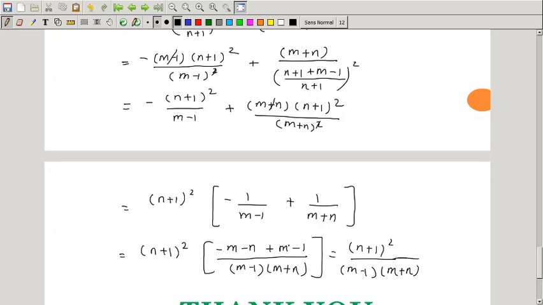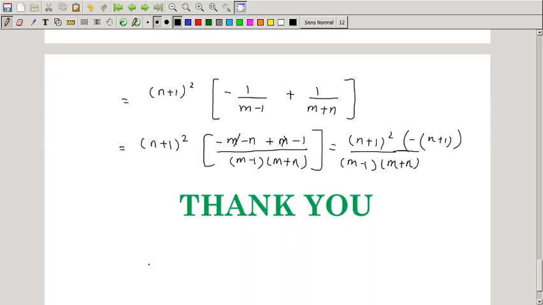In the remaining terms this gets cancelled, so minus (n plus 1). So what we get is minus (n plus 1) bracket cube divided by (m minus 1) into (m plus n), and this is less than 0.